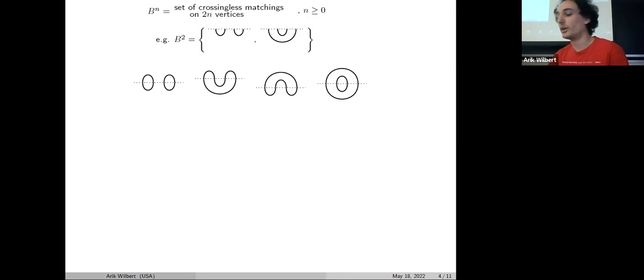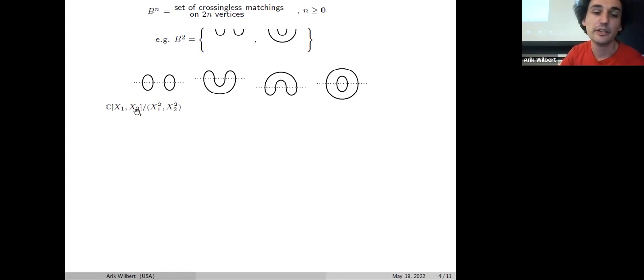Now how do I get an algebra out of this? The first step to get an algebra is to get a vector space. I can look at these configurations. They're always just a collection of circles, right? And I can do the construction that we know from Khovanov homology.